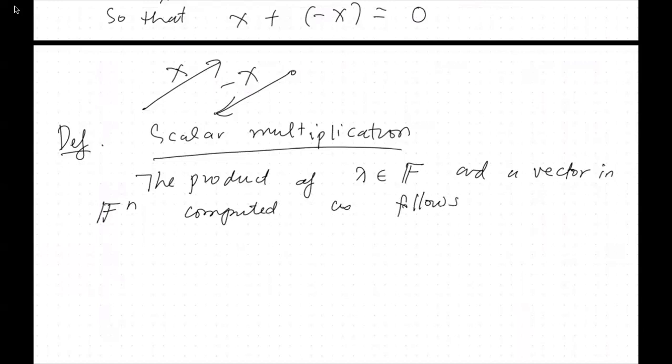So the scalar multiplication is defined this way. If we have lambda and then x1 to xn, this is just lambda x1 up to lambda xn.